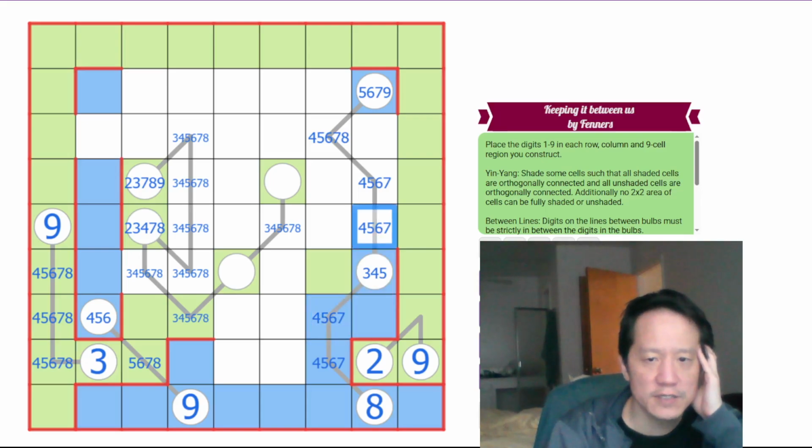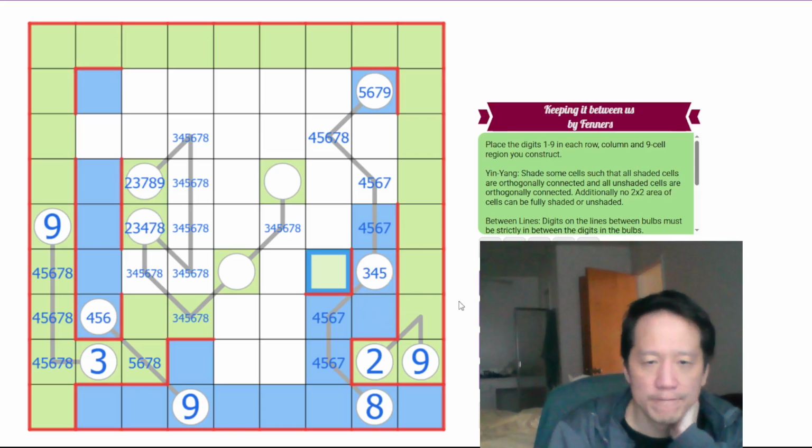So this must connect here to be a blue. So this 2x2 area has 3 blues, so it cannot be a blue there. It has to be green. This has 3 blues here, so these two both must be green.